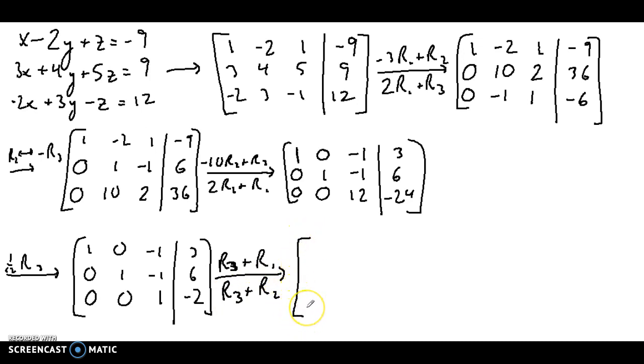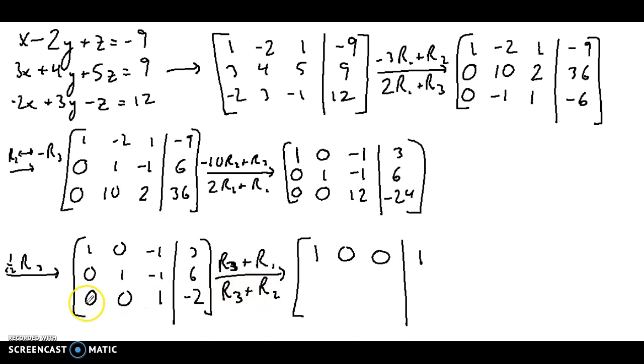Row 3 is not changing, so I'll come back to that later. Row 1, though. 0 plus 1 is 1. 0 plus 0 is 0. 1 plus negative 1 is 0. Negative 2 plus 3 is 1.